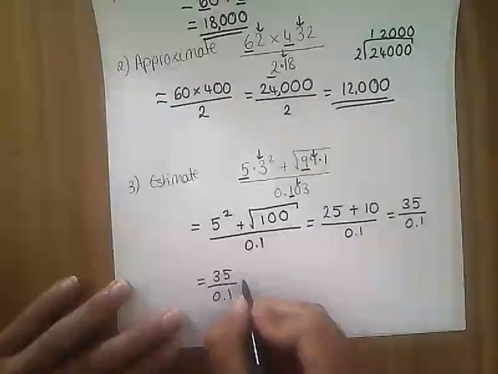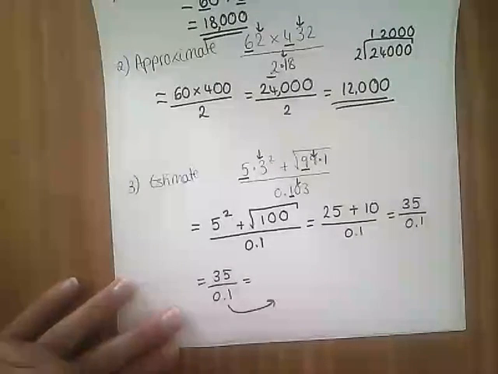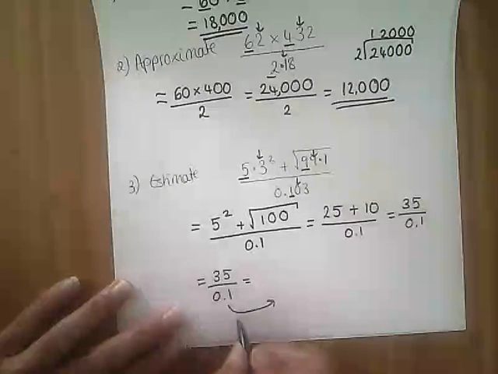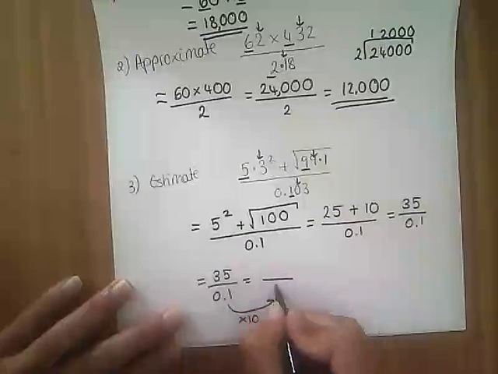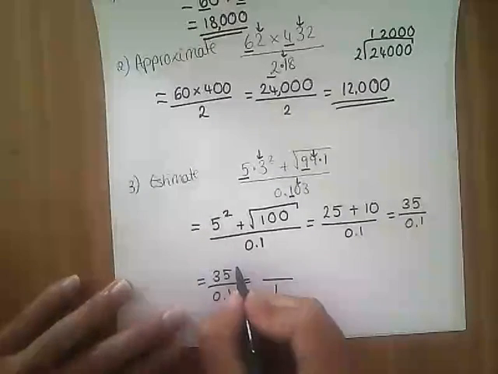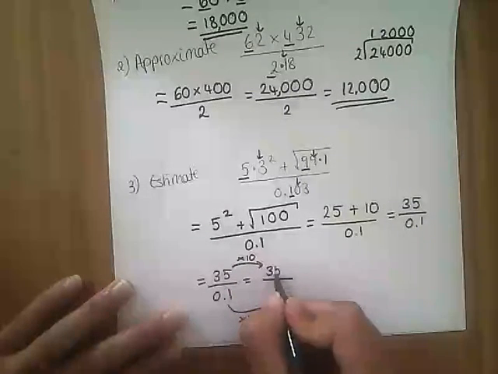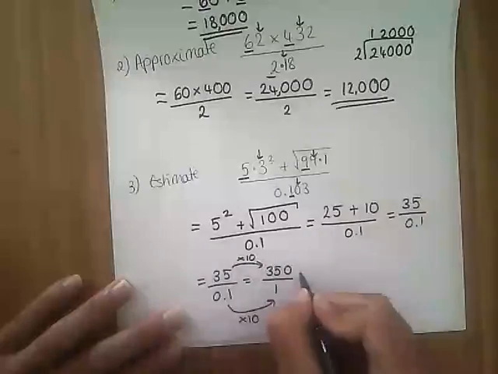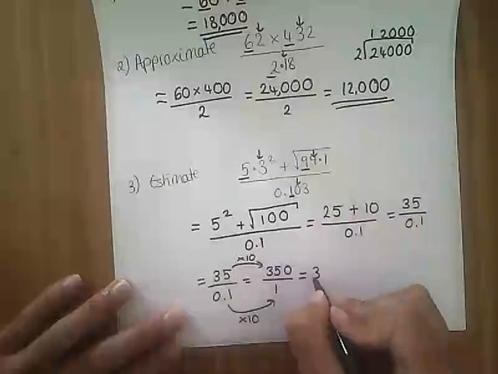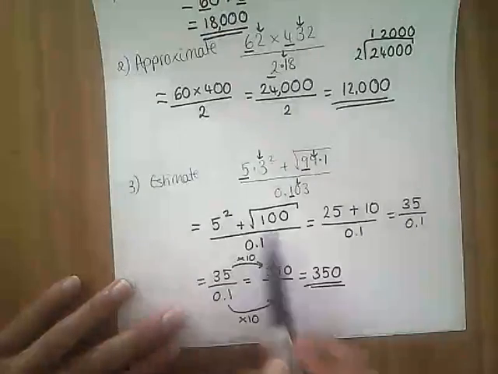So the easiest thing to do is to get rid of the decimal on the bottom. What could I times 0.1 by to get rid of the decimal? Well, I could times it by 10, because then it would just be 1 on the bottom. And if I've timesed the bottom by 10, I then need to times the top by 10, so that becomes 350. 350 divided by 1 is 350.